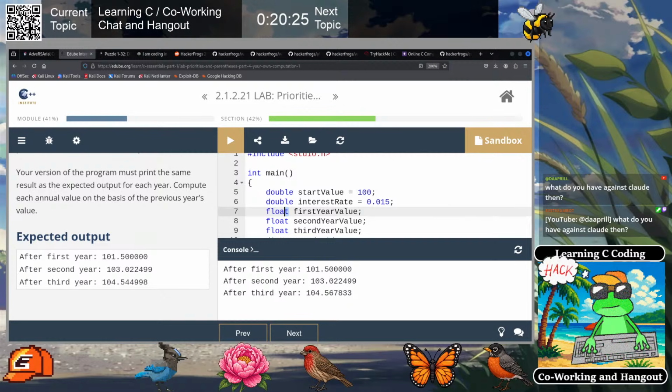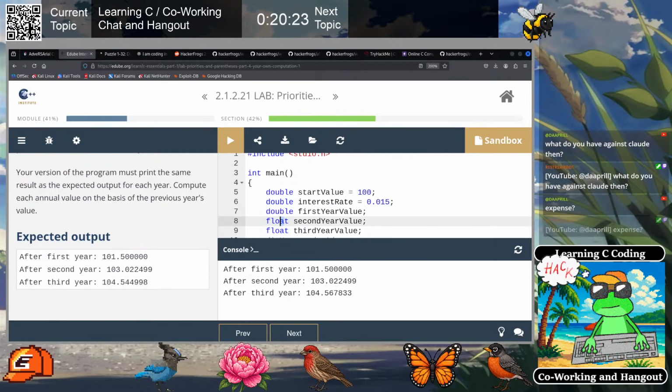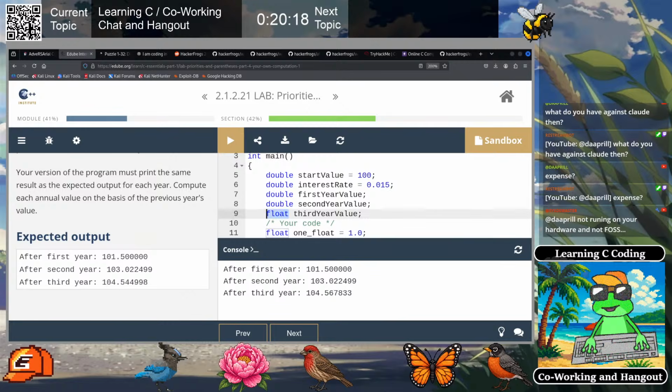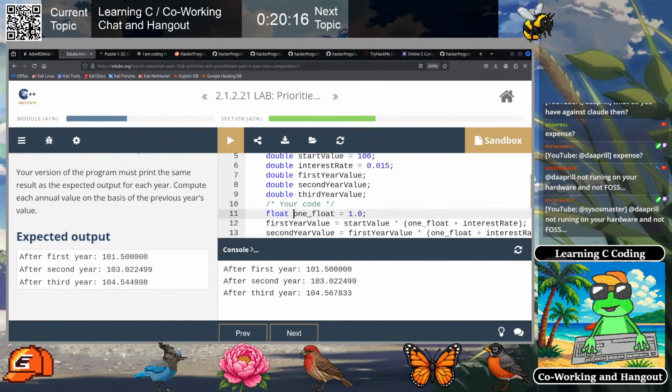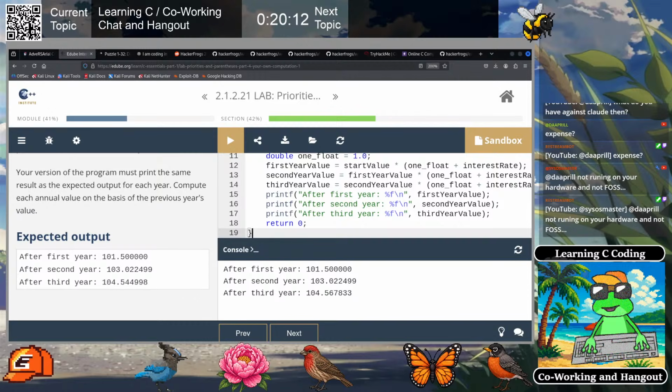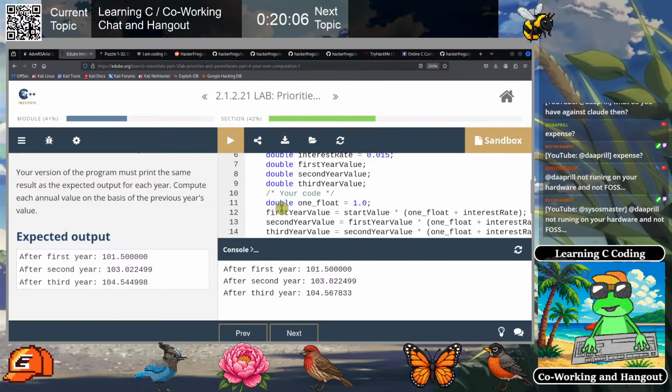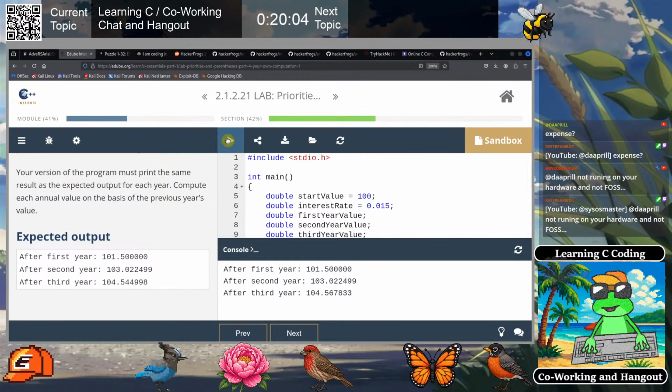Double, double, double, and then last double, and then an extra double. Okay, and we'll try running it again. Actually, let's reset that and then run it.